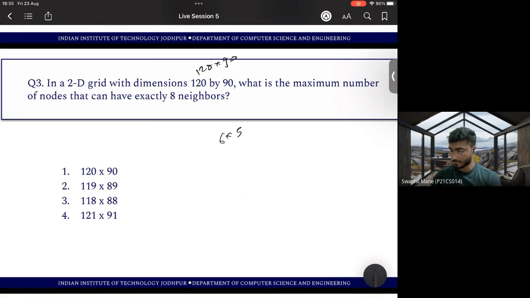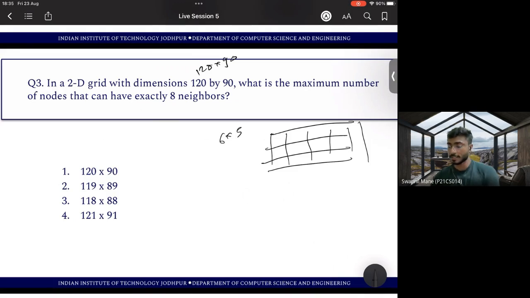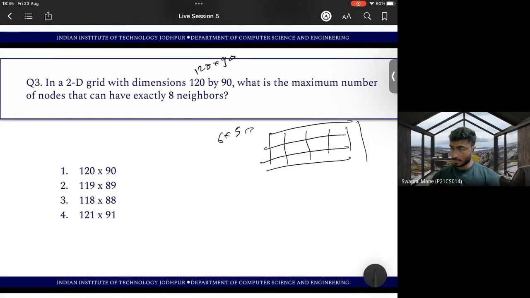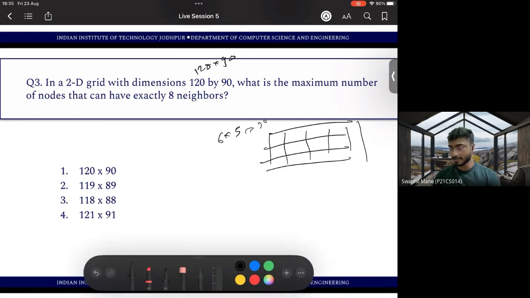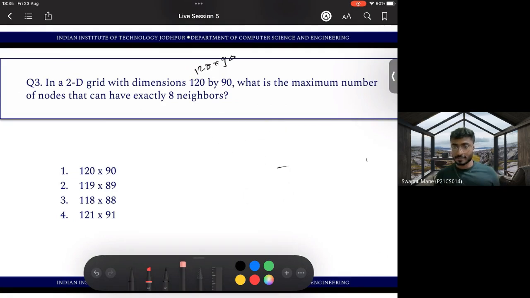So you can see 1, 2, 3, 4. Like this, the grids are there. How many cells? 6 into 5, so 30 cells are there. Likewise, the grid has been created. You might have understood in the lecture as well, because it is very nicely visualized as the structural nodes of the network.